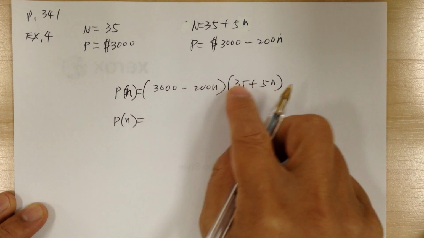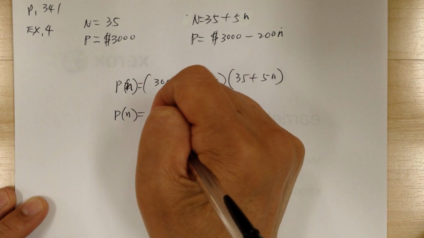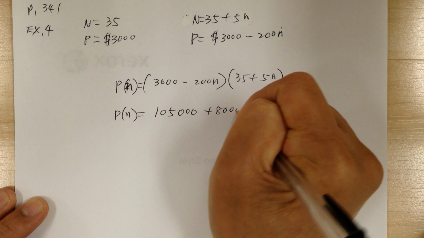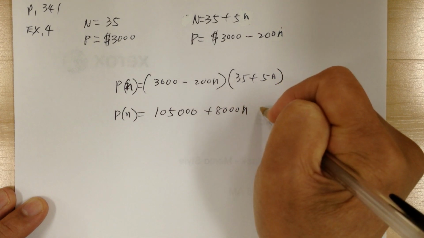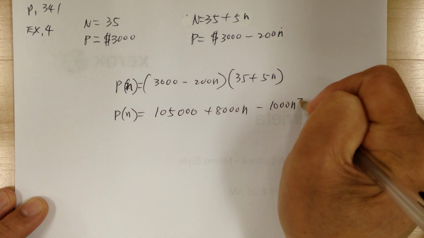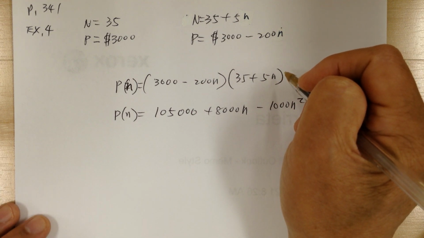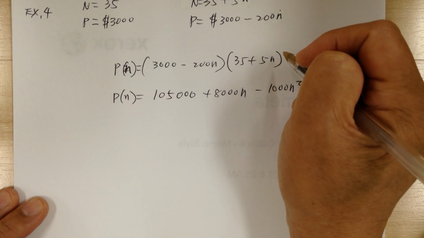When you multiply out, use the distributive property. So you're going to get 105,000 plus 8,000 n minus 1,000 n squared. So foil it out, multiply out.